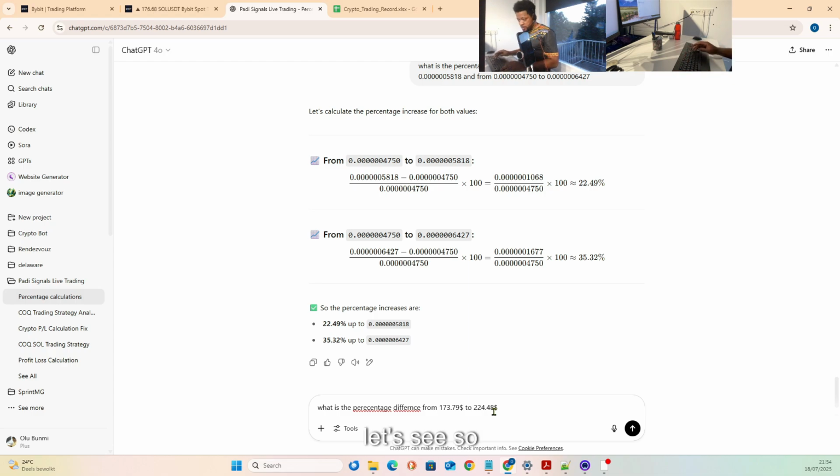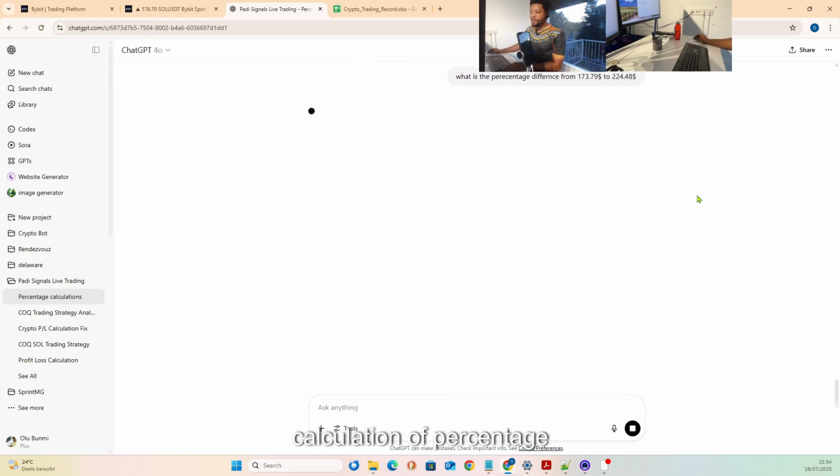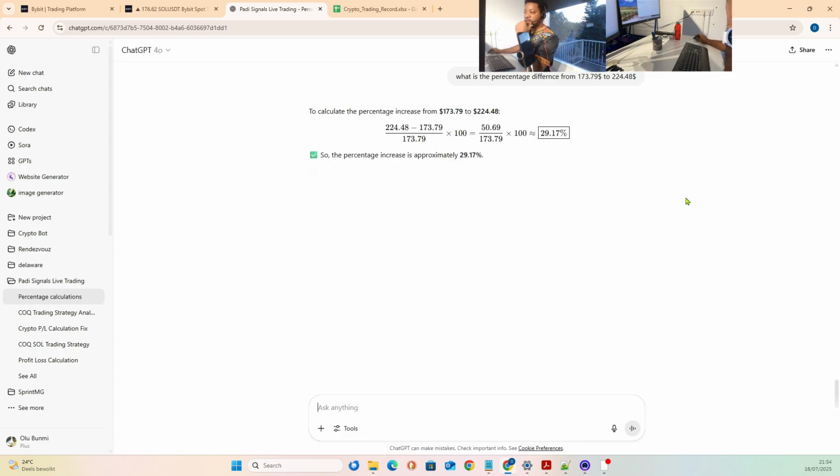Let's see. So this is the true calculation of percentage. I don't know if it's up to 30%. Almost 29.17, and my target was 30%.